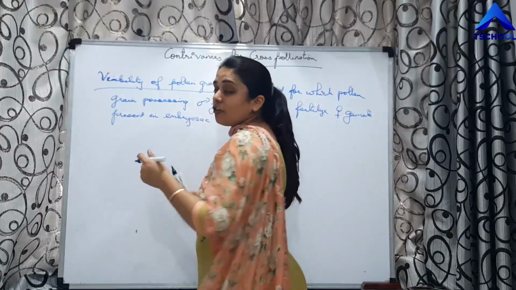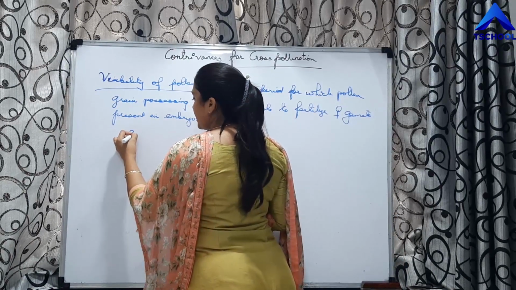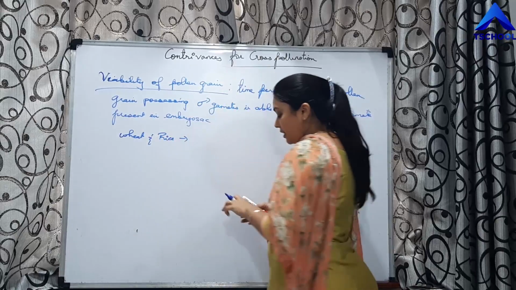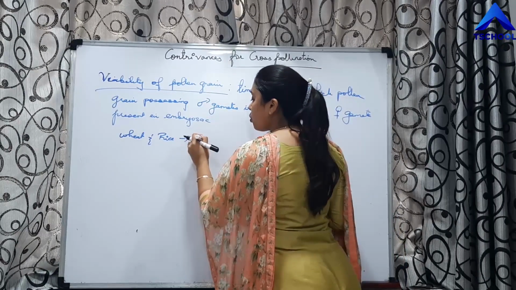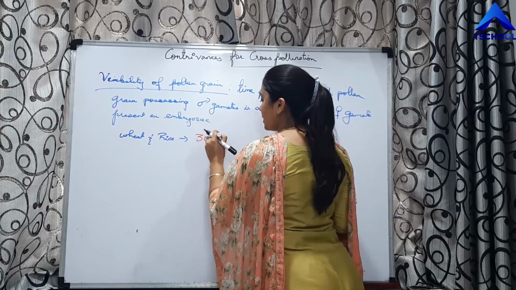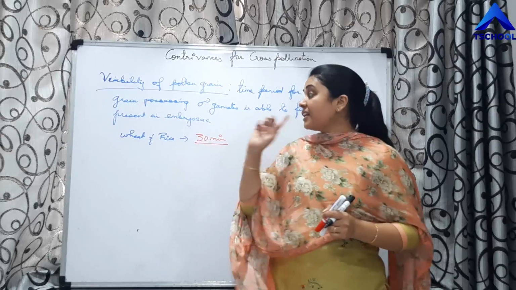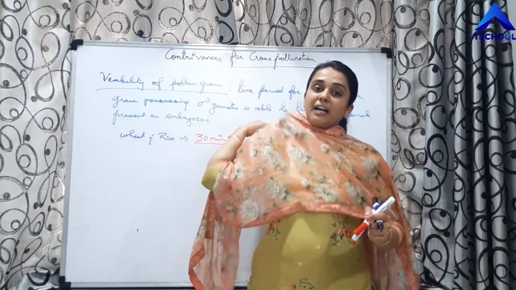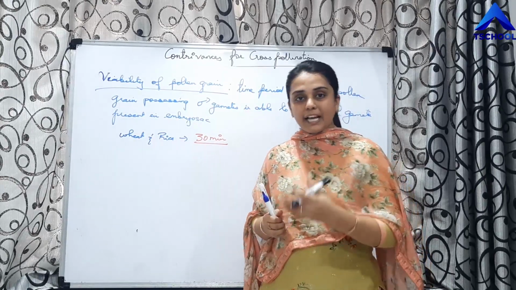Right? The viability of pollen grains is different for different plants. Say for example wheat and rice. Right? The viability of the pollen grains is for only 30 minutes. Which means that within the period of 30 minutes, if the pollen grain of this plant reaches the stigma, then only the male gamete will be able to fertilize the female gamete.